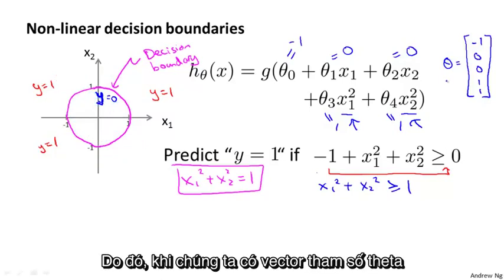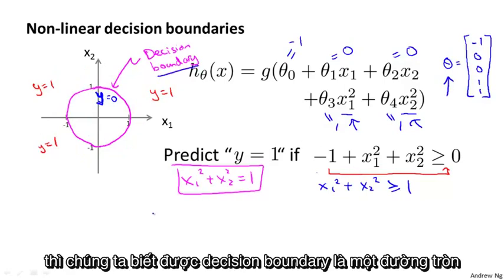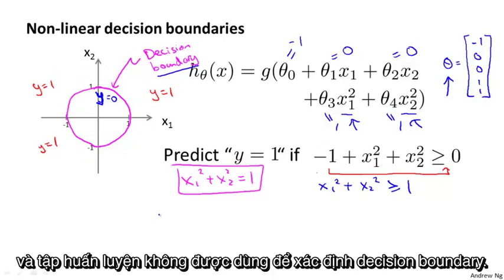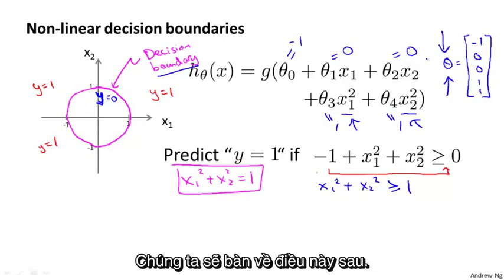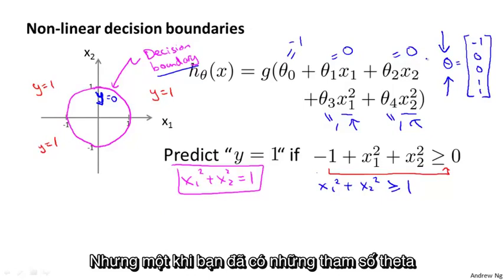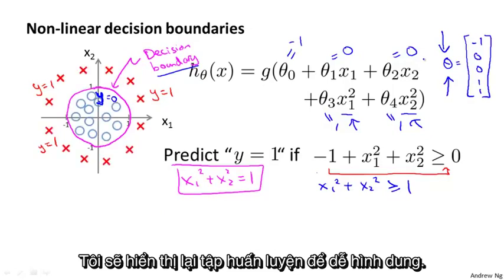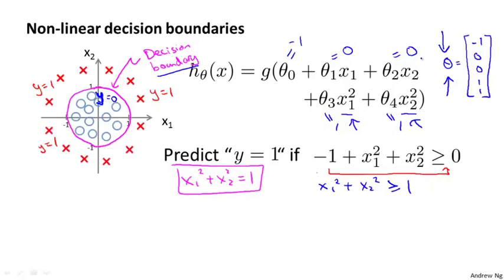So long as we're given my parameter vector theta, that defines the decision boundary, which is the circle. But the training set is not what we use to define the decision boundary. The training set may be used to fit the parameters theta. We'll talk about how to do that later. But once you have the parameters theta, that is what defines the decision boundary. Let me put back the training set just for visualization.